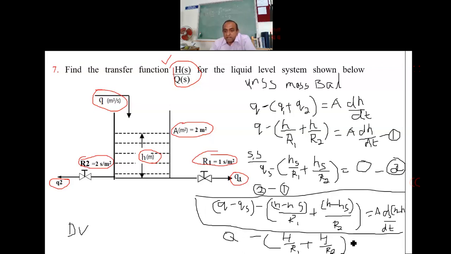Close the bracket, equals to A, then it is d by dt of capital H. So dH by dt. So this is in terms of deviation variable. What is the next step after deviation variable?